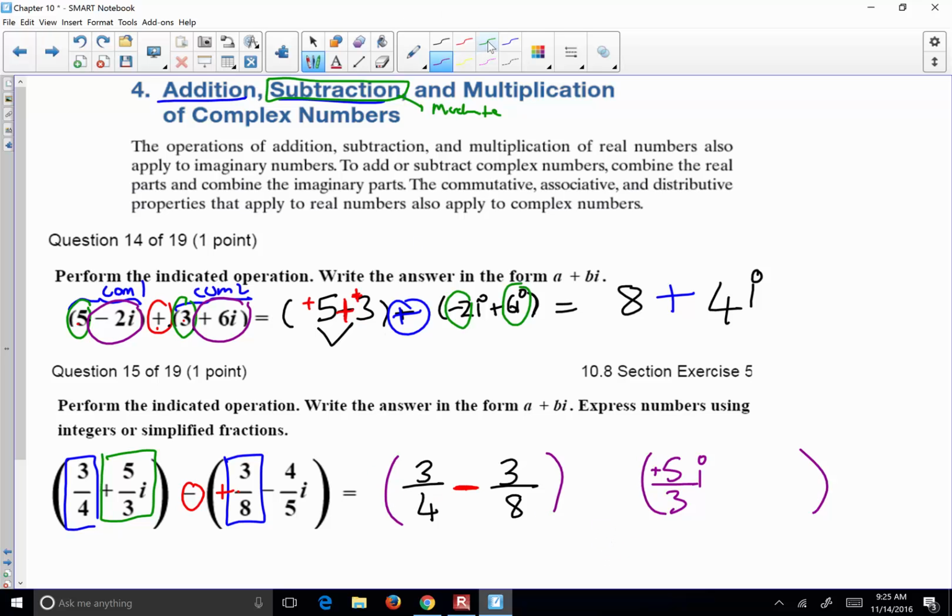Okay, what is the second number? Is it minus 4/5 i? Is it? No. We need to consider this minus and this minus together and move them in together.